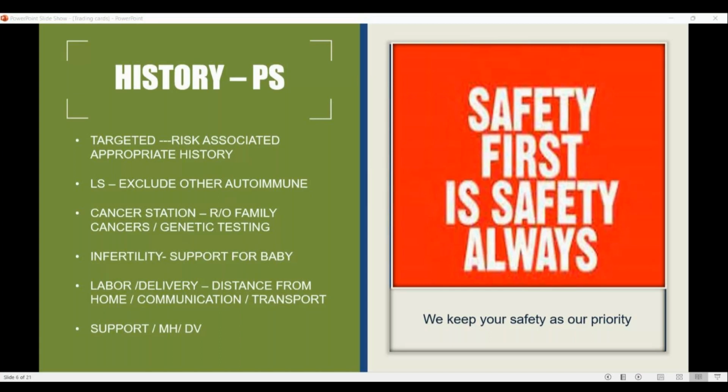And then coming on to lichen sclerosus, exclude other autoimmune disease. If a patient is having lichen sclerosus, then you have to exclude any thyroid problem, any other skin problem in the family, and pernicious anemia. You can ask her, because that is relevant, and it is a patient safety point to take the relevant disease associated history.